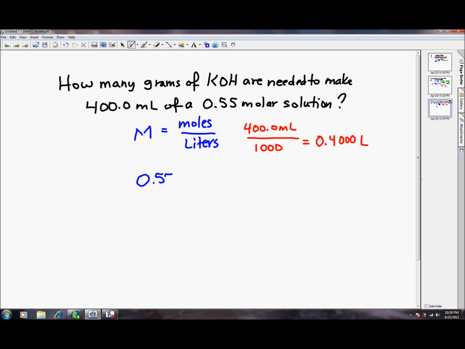The molarity is 0.55. Okay, how do I substitute? I'm going to multiply both sides by 0.4000 to get rid of the liters on this side and just have moles.